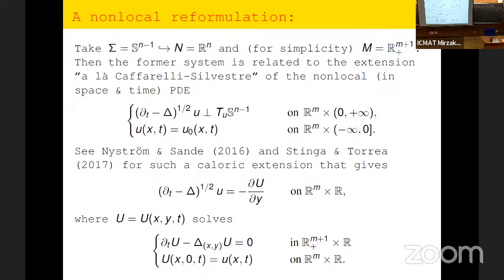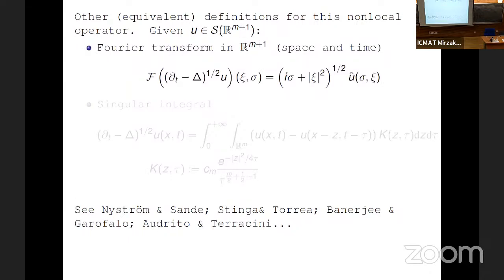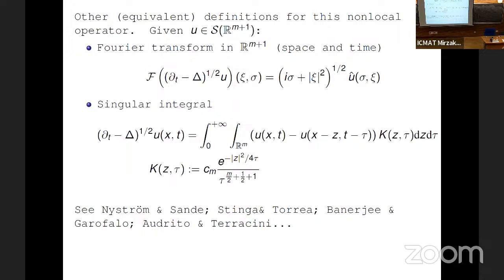So this is the extension definition of this operator, which can be given also in other forms. You have at least two other possible definitions which are completely equivalent: either to look at the Fourier transform in space and time, or to look at this singular integral definition.